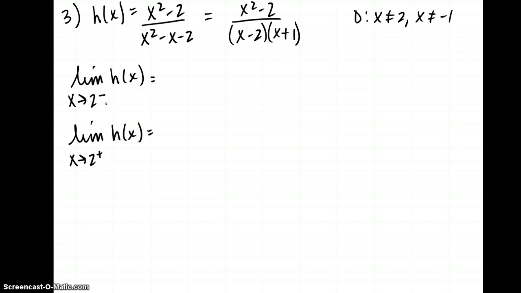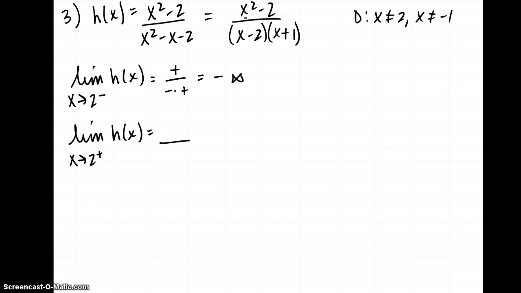So if we pick a number really close to 2 on the left-hand side, let's say 1.9, in the numerator, 1.9 squared minus 2 would be a positive value. 1.9 minus 2 would be a negative factor there, and then a positive factor for x plus 1. So this will give me a limit of negative infinity. So instead of trying to determine in your head 1.9 squared minus 1.9 minus 2, use the factor form. That's why we start by factoring.